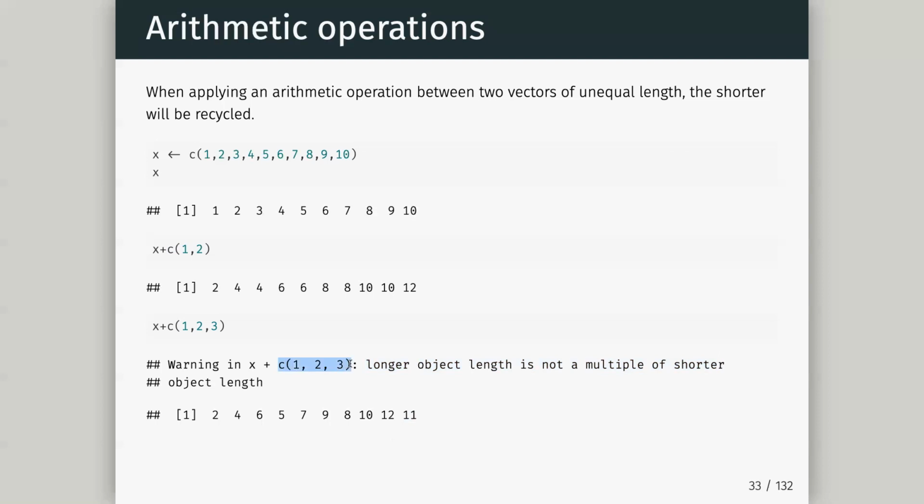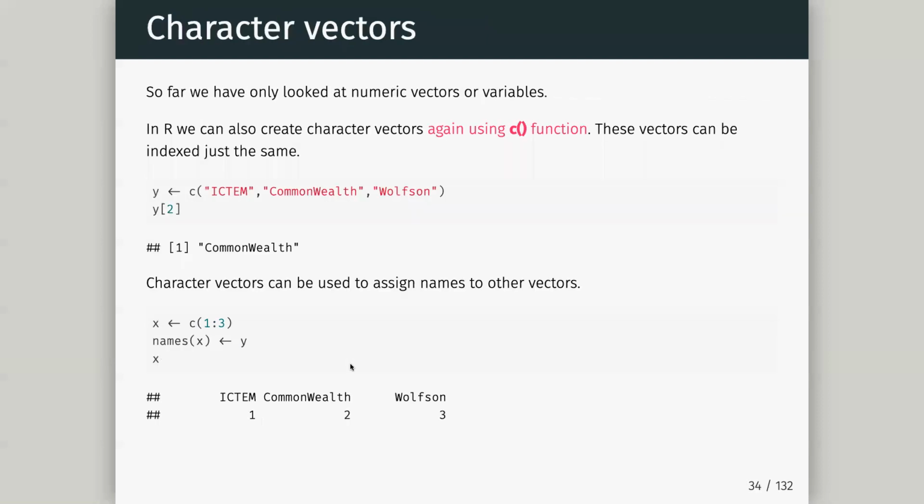Okay, in R, if you get a warning, this means the operation is completed and you're going to get a result. If you get an error, it means you haven't got the result. So warnings you need to pay attention to, because you've got a result in front of you, and it's saying, is that really what you expect? In this case, I may want to do this, but it's trying to warn you that maybe that's not what you want.